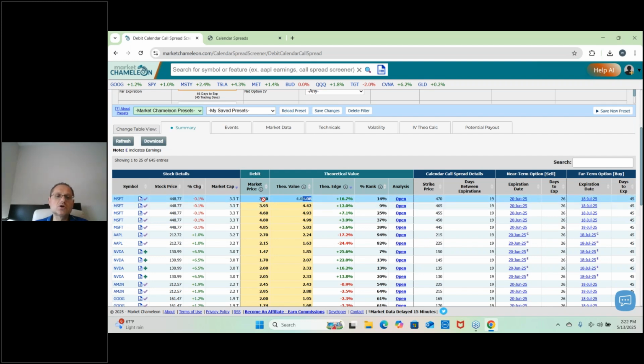So you can see that this is below the historical average of $4.08. If we use that benchmark, it's a 16.7% theoretical edge, if we treat that as long-term value.